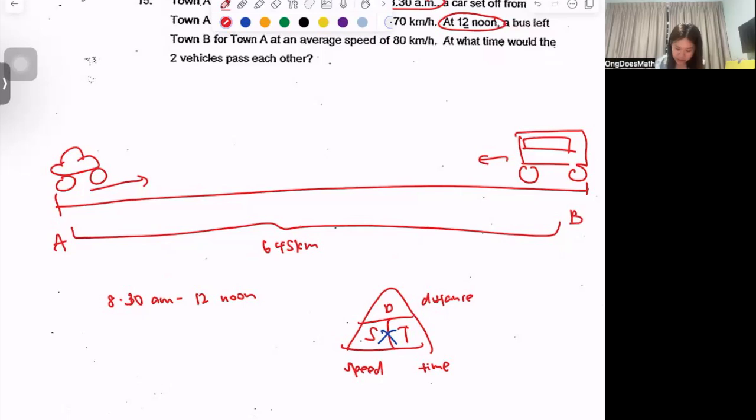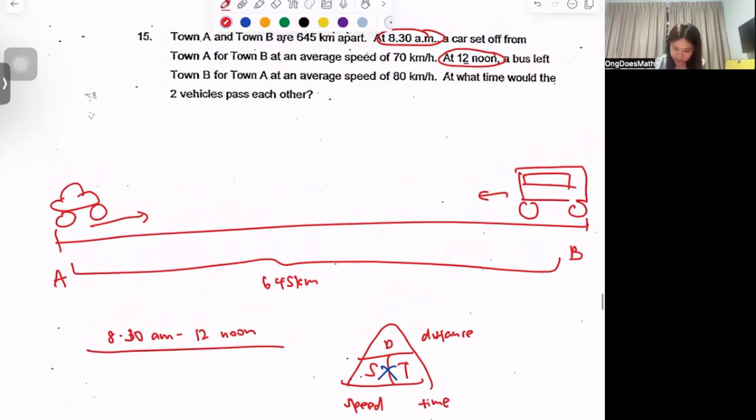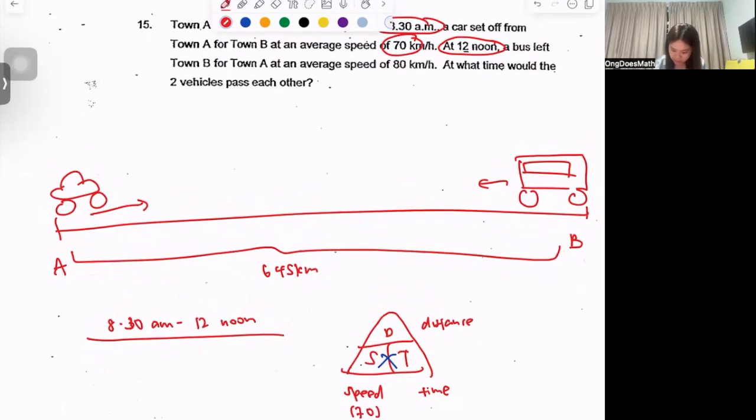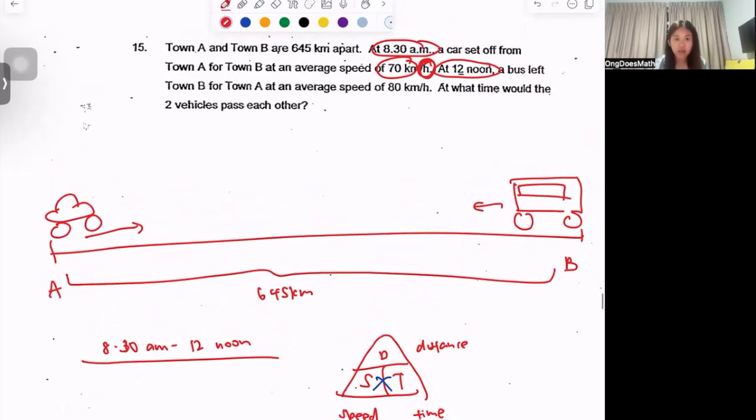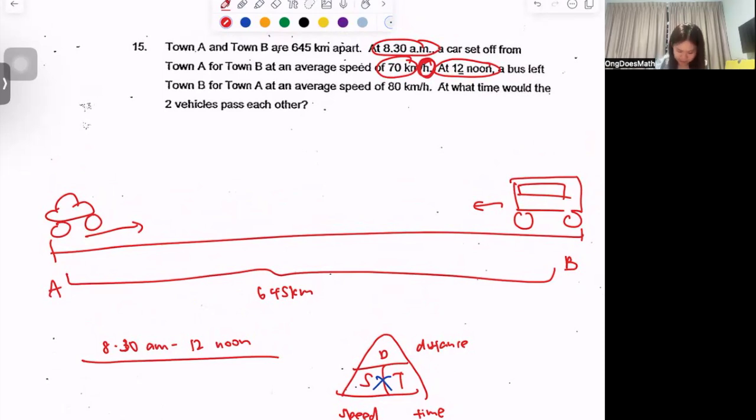So for this car over here, we are given that the speed is 70 kilometers per hour. Take note it is per hour, so your time also must be in hours. And how many hours is it between 8:30 to 12? So you can draw a timeline.